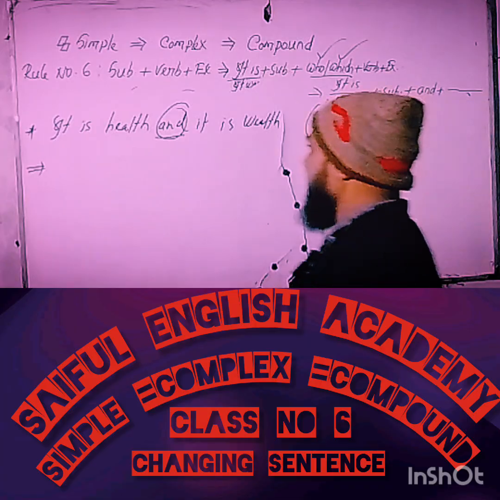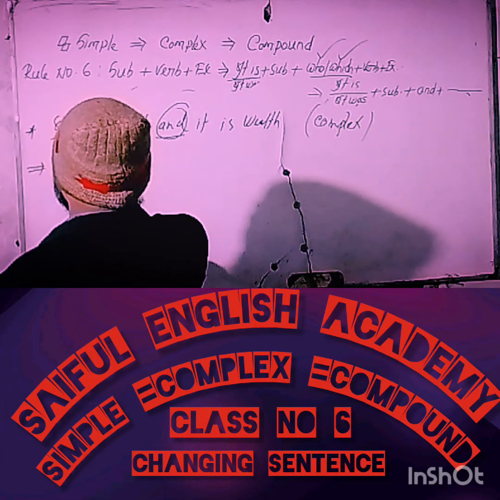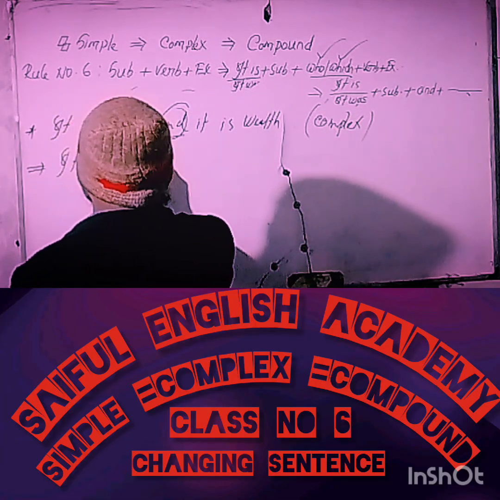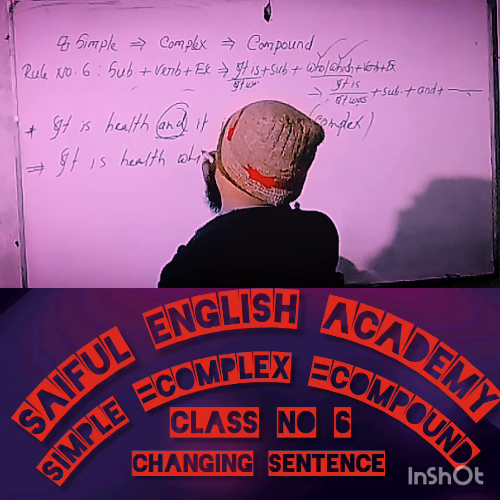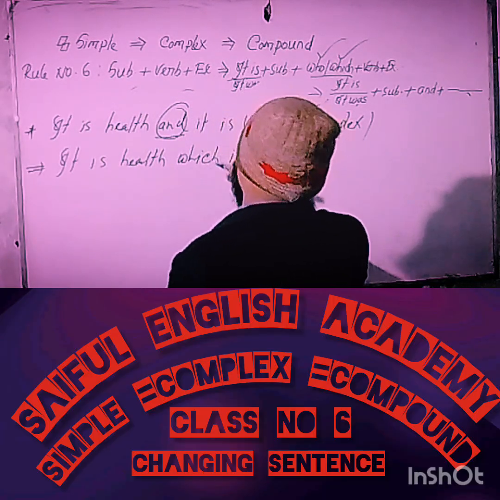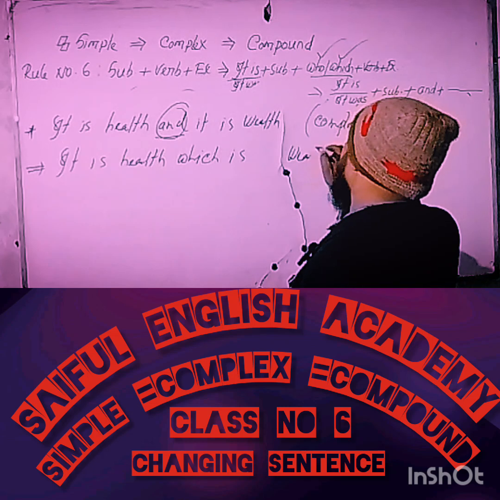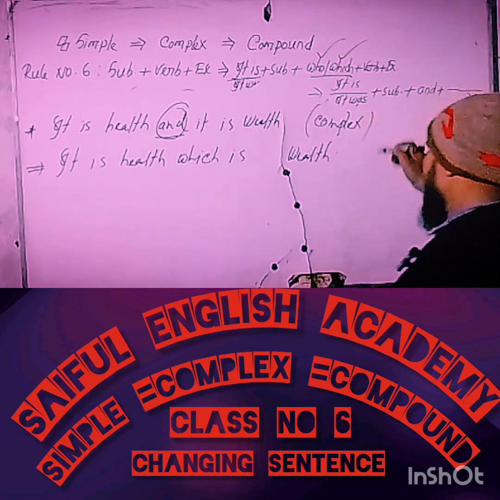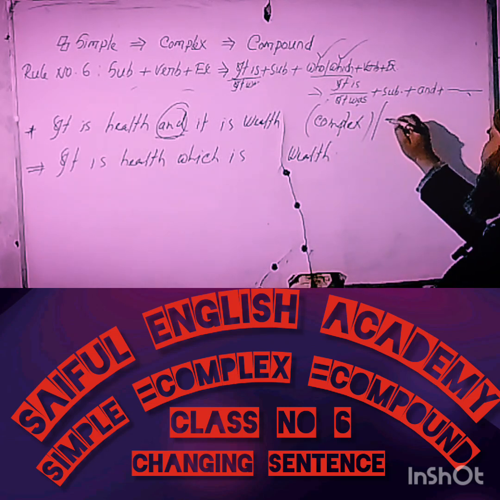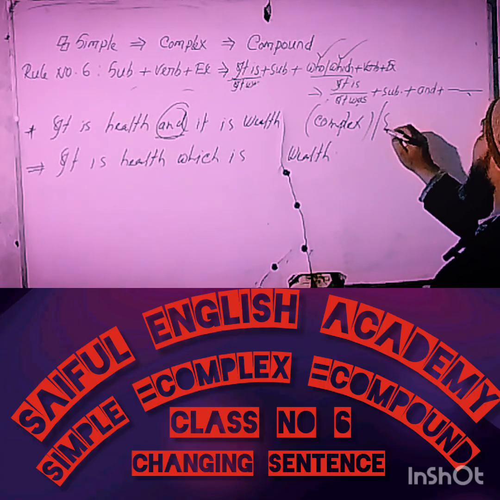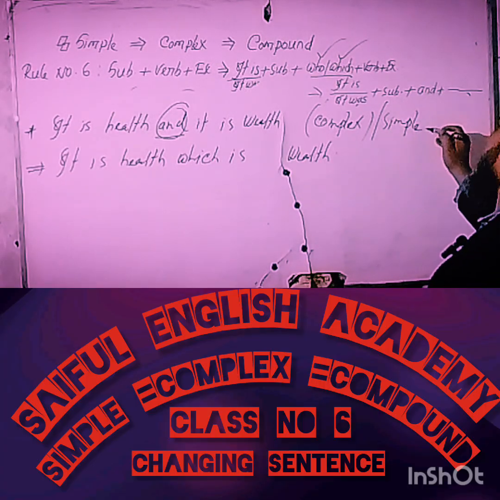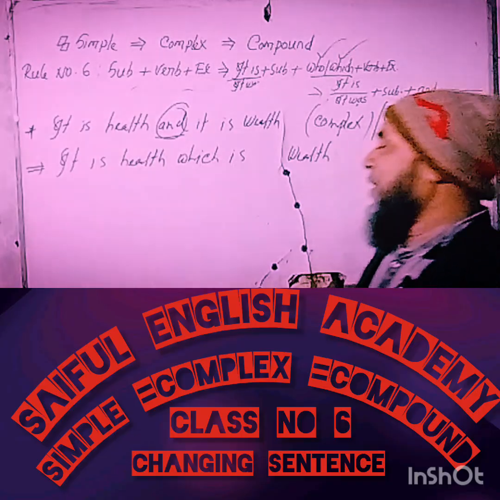That's enough. Okay, my dear learners. So, write the answer. It is health which is oil. Suppose you are told to change this statement into a simple sentence. So, my dear learners, what steps should you take?